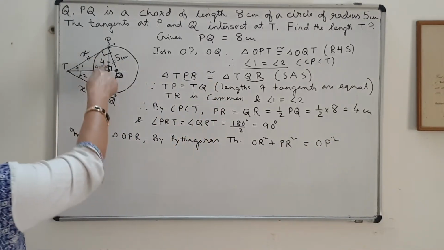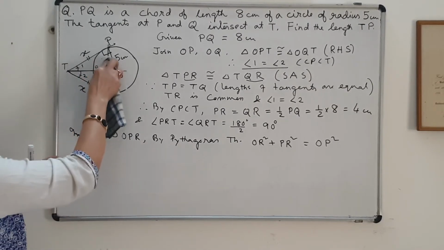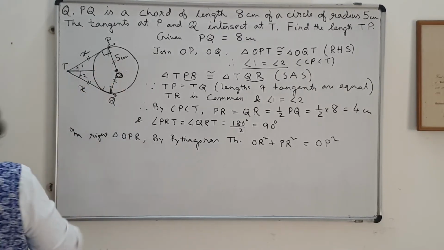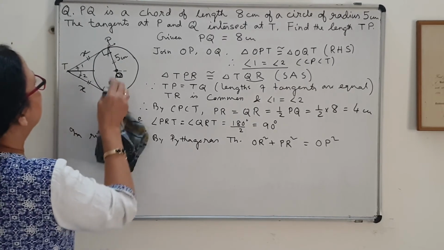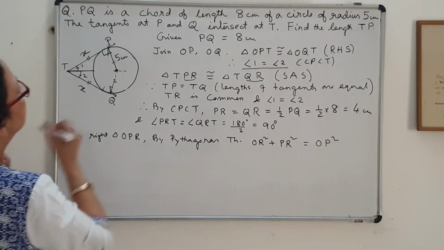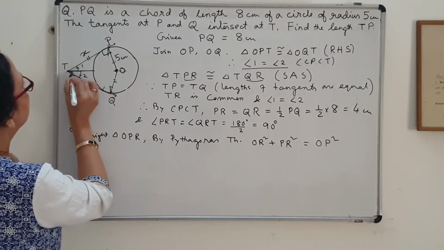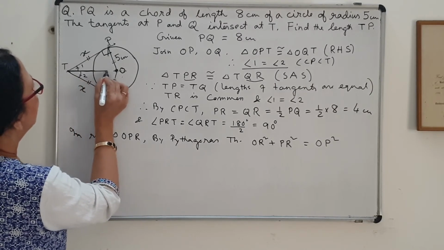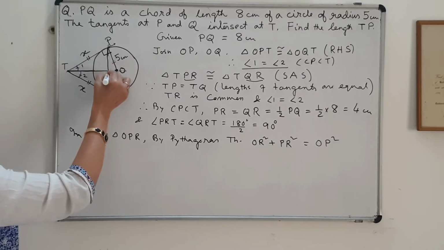Is the thing clearly visible? Let me draw it a bit more clearly, then it will be visible to you. Yeah, this is the center, let me write here O. The external point of intersection of the tangent, T, is joined with the center, and the chord PQ is here.